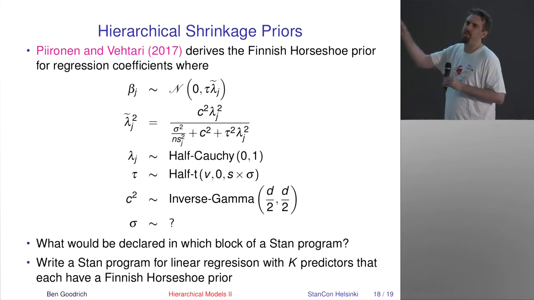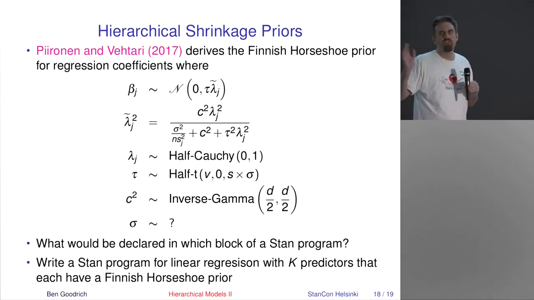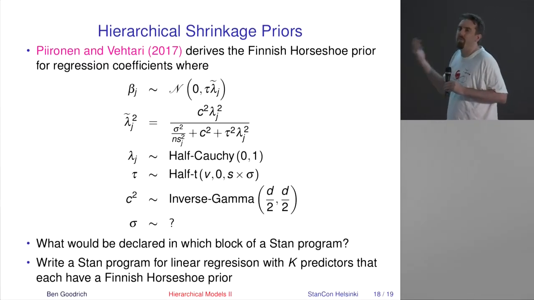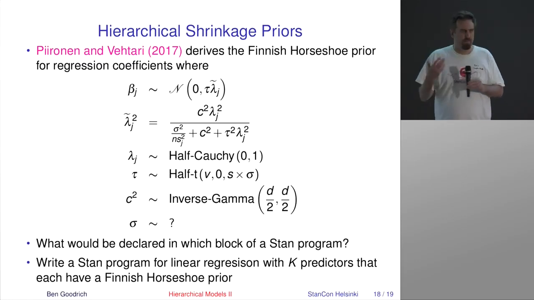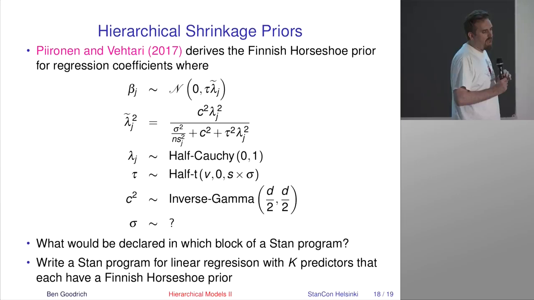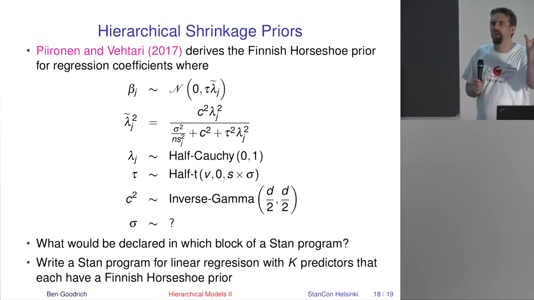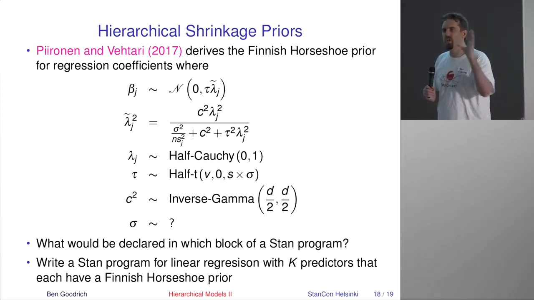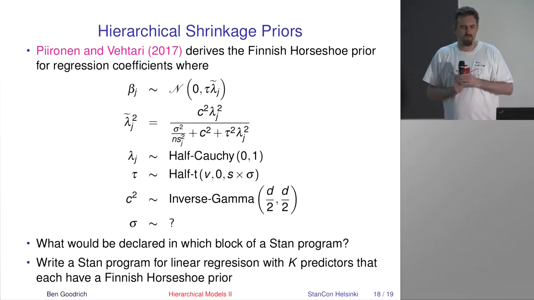It has this idea that your prior on a regression coefficient should be centered on 0, but it should have really heavy tails because you might have one of these predictors that really does have a big regression coefficient. So how can we specify a prior that shrinks small coefficients to something very near 0, but doesn't put very much shrinkage on big regression coefficients?